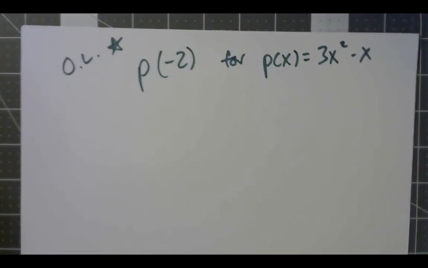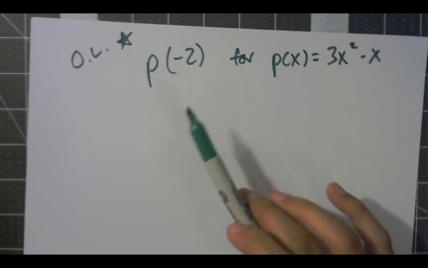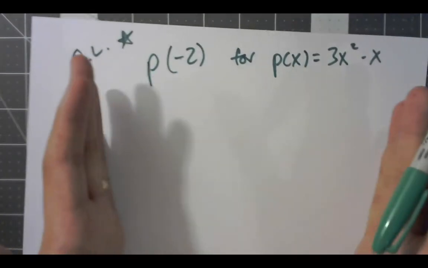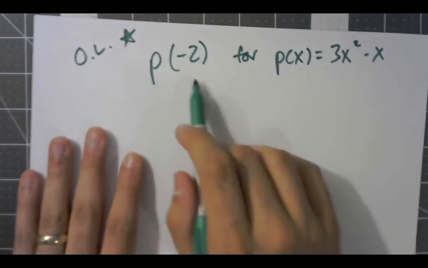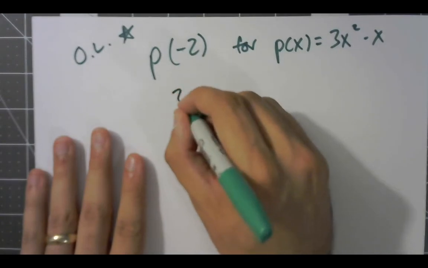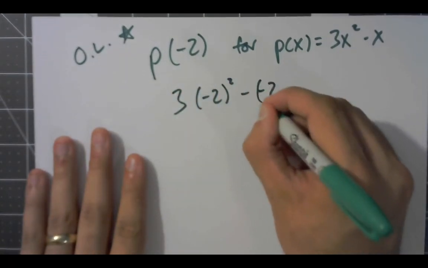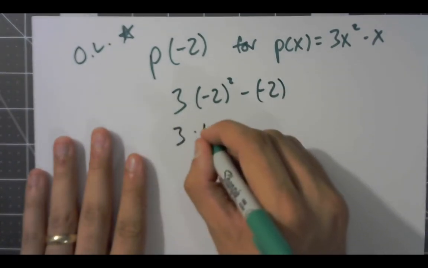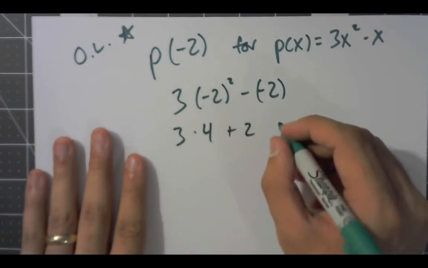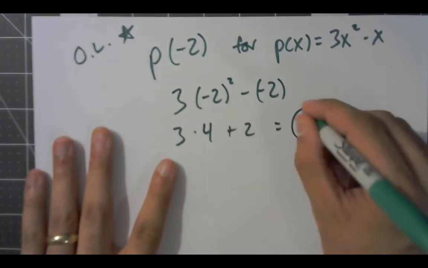On level, people, this problem should be familiar because it's in your book, like a carbon copy. So what this means is take negative 2, put it in for x. So 3 times negative 2 squared minus negative 2. 3 times 4 plus 2, that is 12 plus 2, 14.